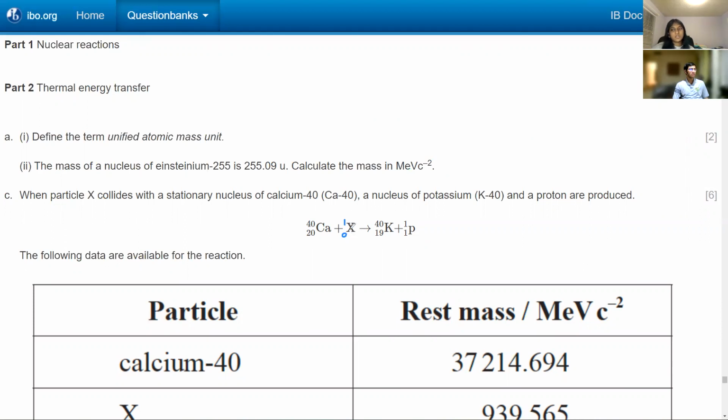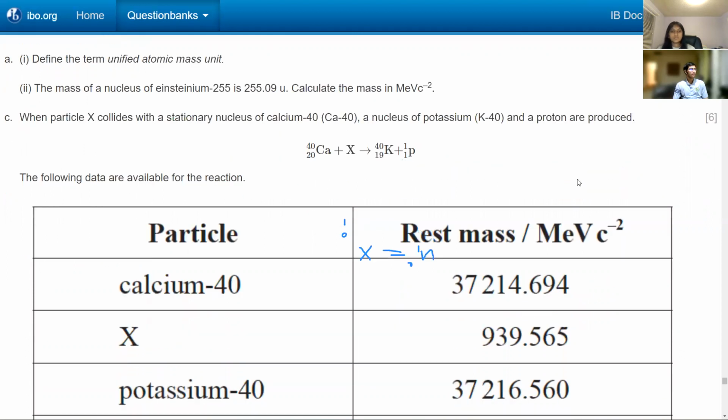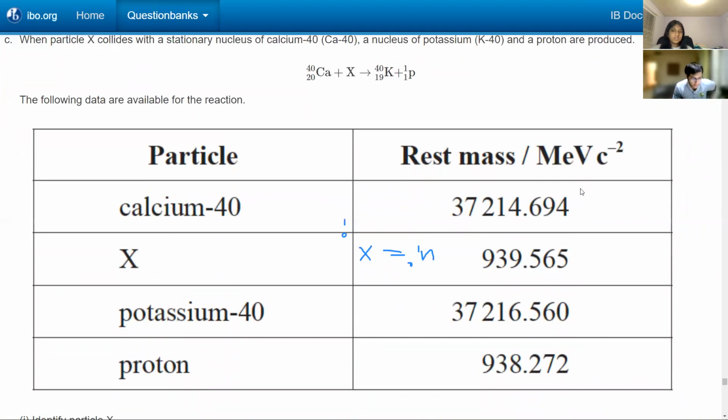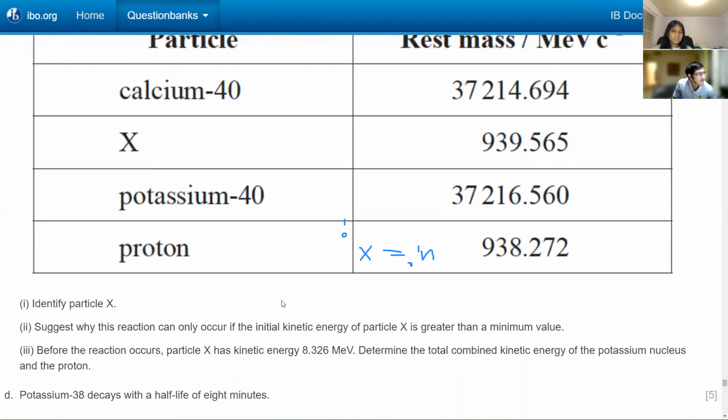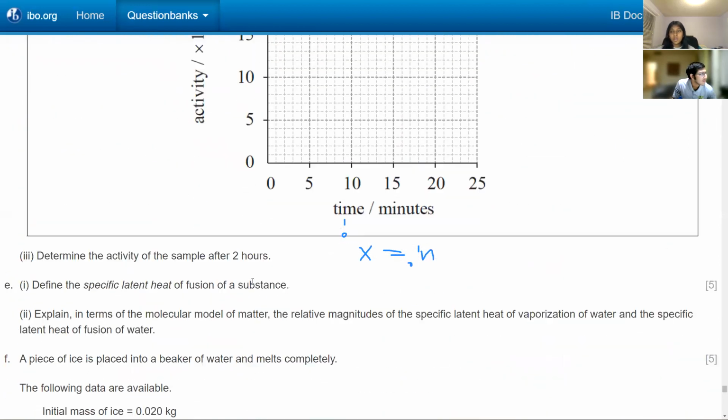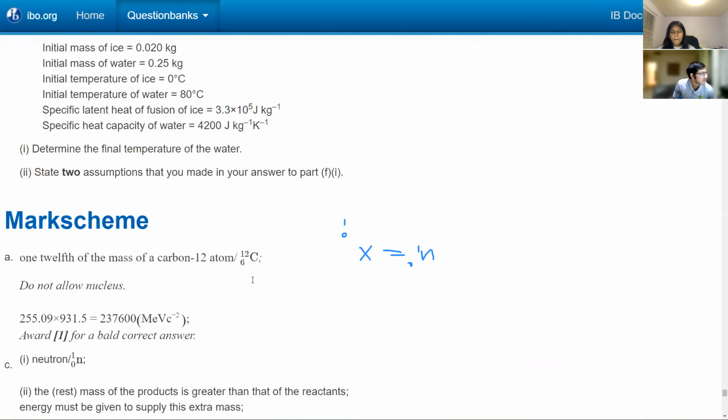It's a neutron because it has 0 charge, right? Yes. It's a neutron. And also, you could probably figure that out if you look at the neutron rest mass and compare that. Okay. Identify particle X. It's a neutron, like we said.